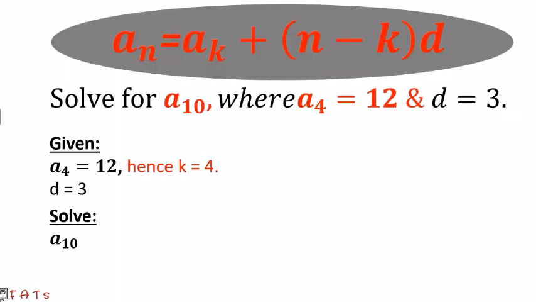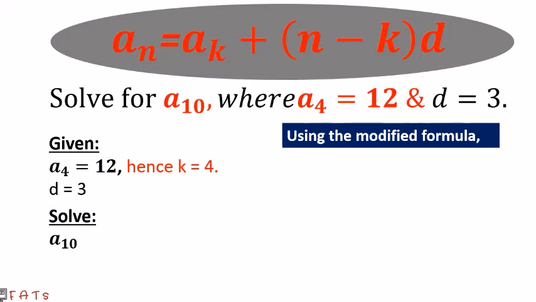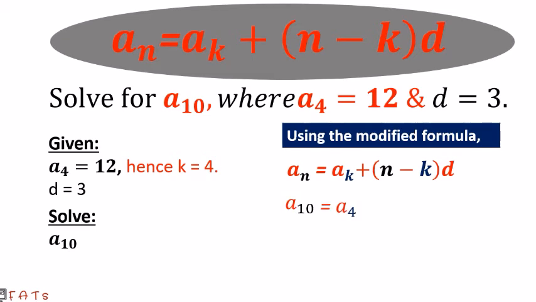Note that the given are the following. a sub 4 is 12, hence k is equal to 4, d is 3, and we need to solve for a sub 10. Using the modified formula, let us substitute the necessary information. a sub n is our a sub 10, a sub k is our a sub 4.